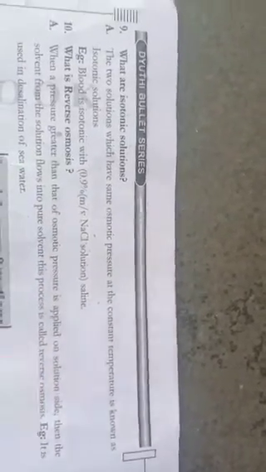Key points: a pressure greater than the osmotic pressure is applied to the solution side, and solvent flows from the solution into the pure solvent. This process is called reverse osmosis.